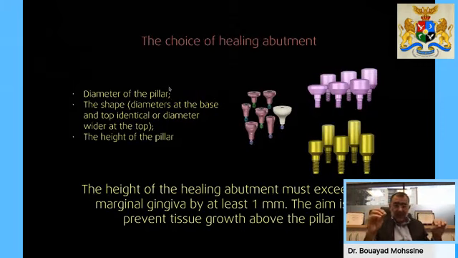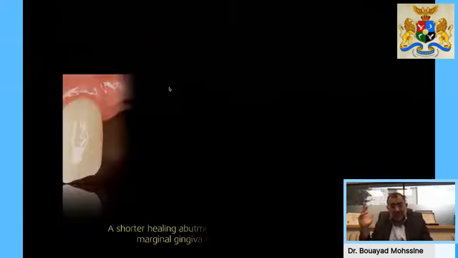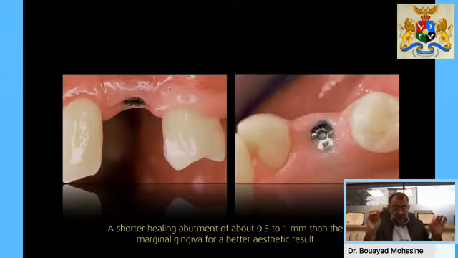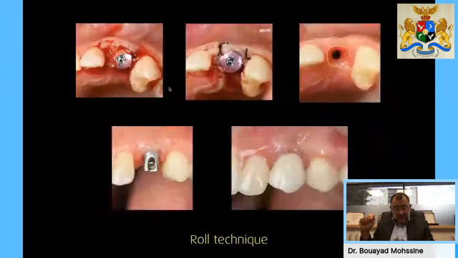The height of the healing abutment must exceed the marginal gingiva by at least 1 millimeter. The aim is to prevent tissue growth above the pillar, but sometimes a healing abutment shorter by about 0.5 to 1 millimeter than the marginal gingiva is used for a better aesthetic result.